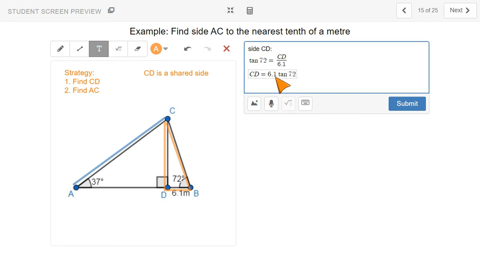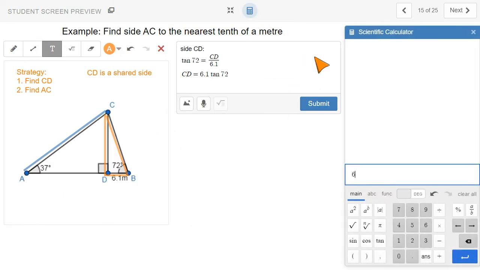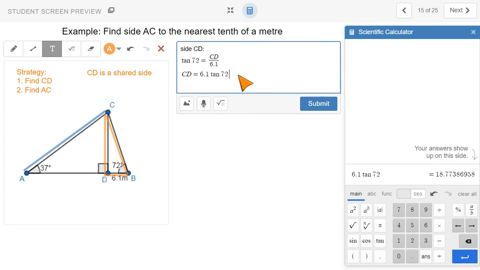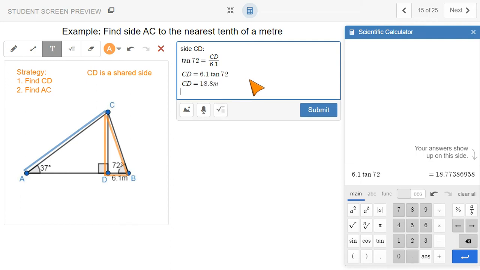Now, it's math convention that you usually write your number that doesn't have a trig function in front of the one that does. 6.1 times tan 72, we have CD is equal to 18.8 meters.